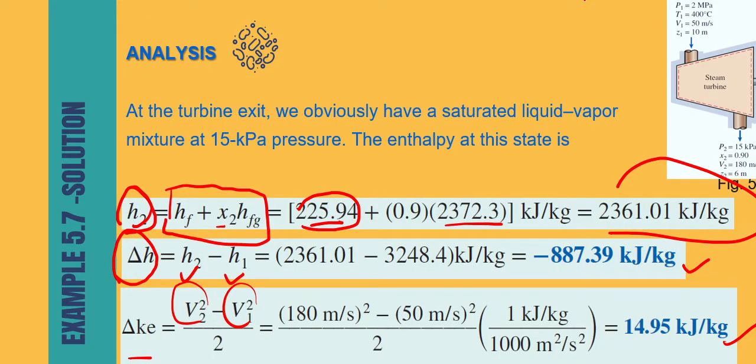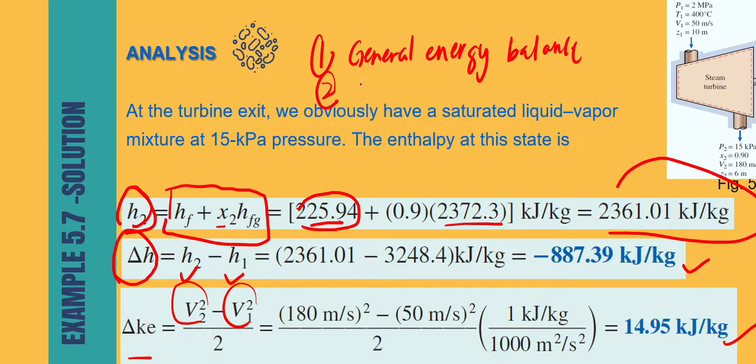So that's why it's important to memorize the general energy balance. And then you need to know the principle of the device. For example, if it is a turbine, you know that in a turbine you want to generate power, so there is work out, the principle of the engineering device.